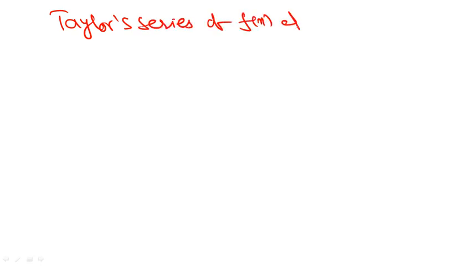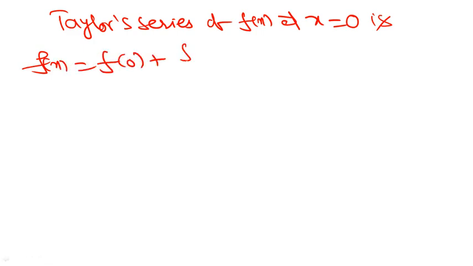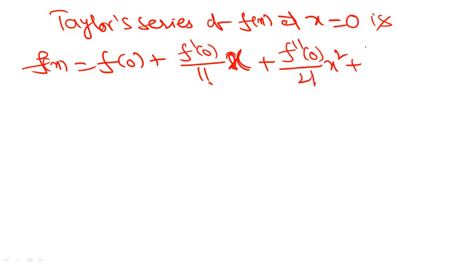The Taylor series of f of x at x equal to 0 is f of x equal to f of 0 plus f dash of 0 by 1 factorial into x plus f double dash of 0 by 2 factorial into x square, plus f triple dash of 0 by 3 factorial into x cube plus f fourth dash of 0 by 4 factorial into x power 4.